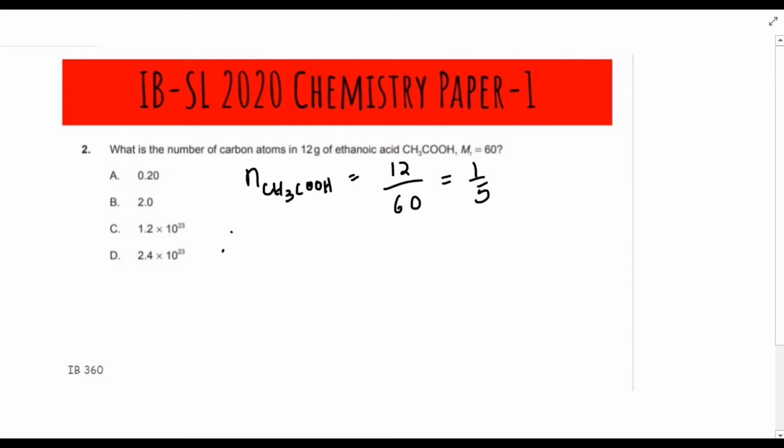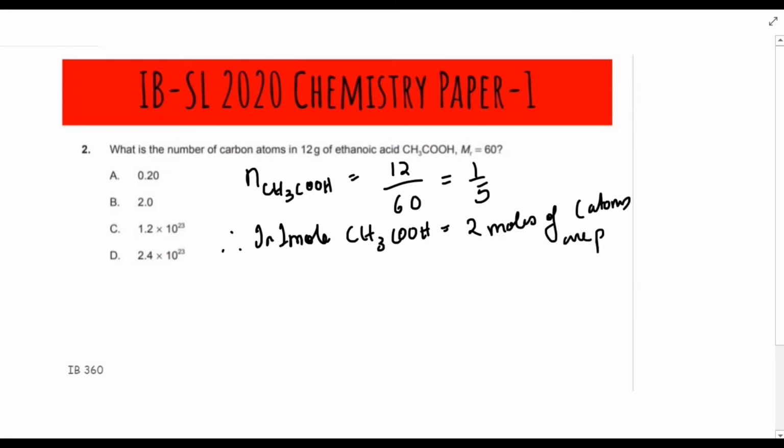Okay, so we know that in 1 mole of ethanoic acid, 2 moles of carbon are present. So in 1 by 5 moles of ethanoic acid, total moles of carbon would be 2 times 1 by 5, that is 2 by 5.